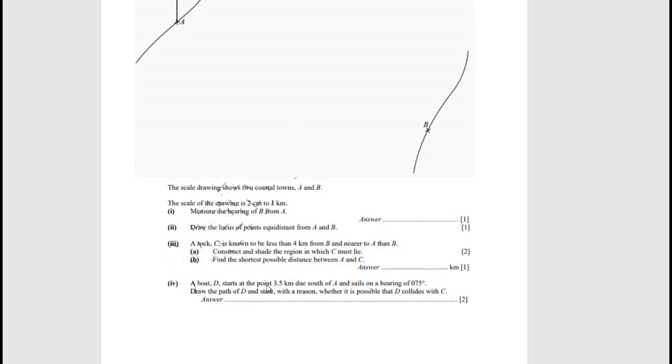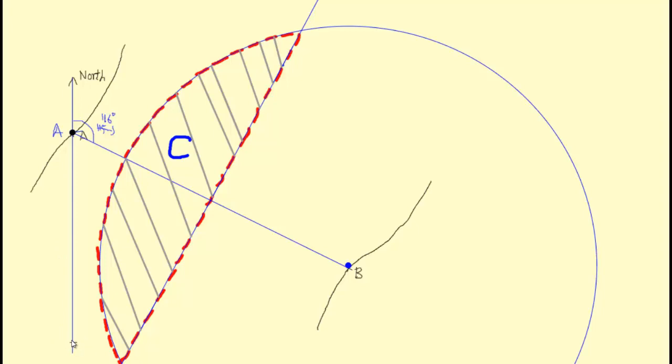A boat D starts at the point 3.5 kilometers due south of A and sails on a bearing of 75 degrees. 3.5 kilometers according to the scale is 7 centimeters and it is due south of A. This point is 7 centimeters from A towards due south of A, and now we have to draw a 75 degree bearing at this point.